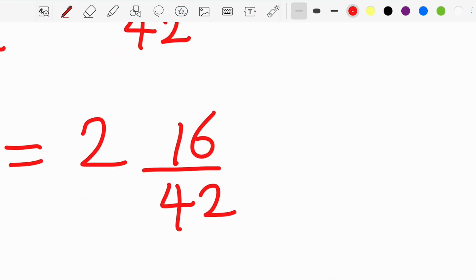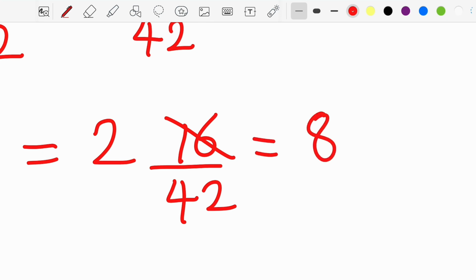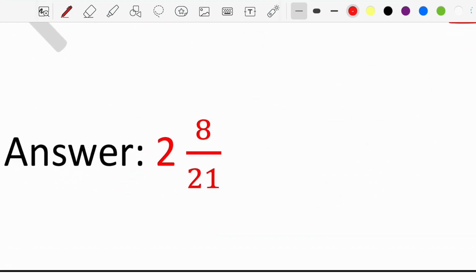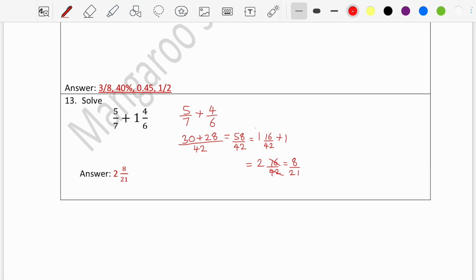We can go further and reduce this fraction here. We can say 2 into 16 is 8 and 2 into 42 is 21. So your answer is 2 and 8 over 21. If you had 2 and 16 over 42, I will give you it correct as well.